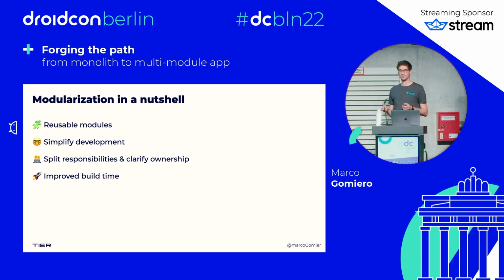With that, we can achieve the most important thing, which is build time. Gradle is sometimes smart enough to parallelize work, so with multiple modules it can build them in parallel, hopefully with less build time.